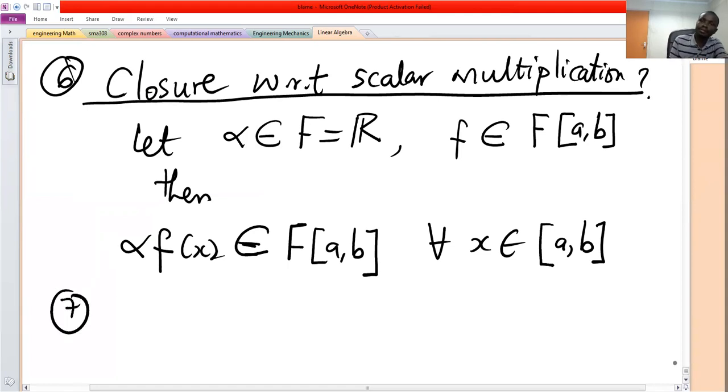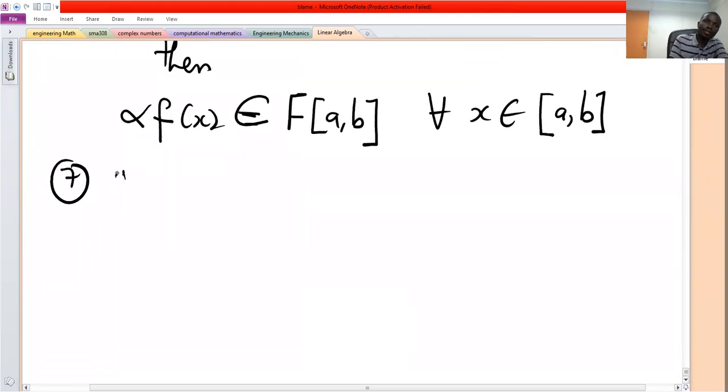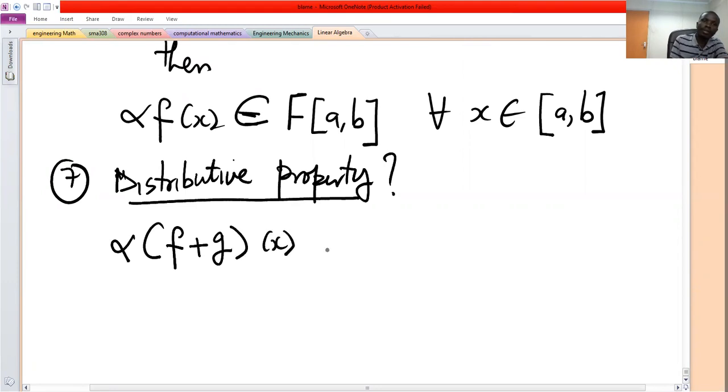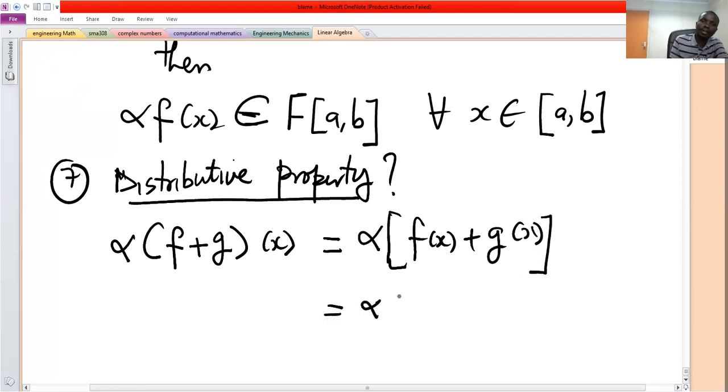Number 7, distributive property. Now, if I have alpha into f plus g, then it's the same thing as alpha into f of x plus g of x, which is the same as alpha f of x plus alpha g of x.